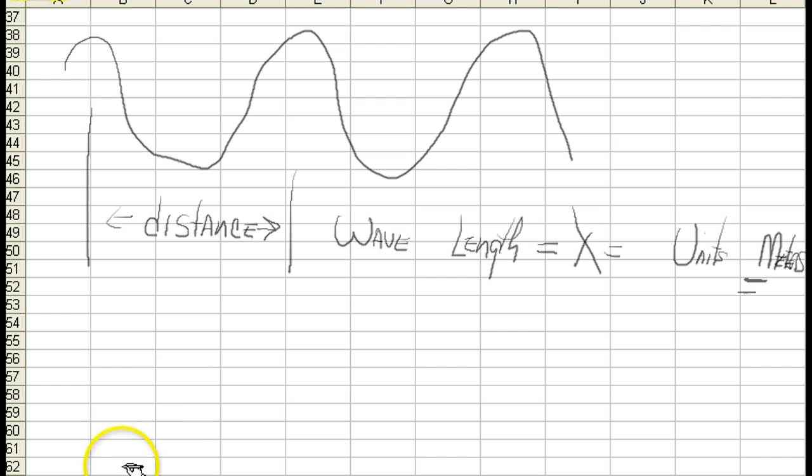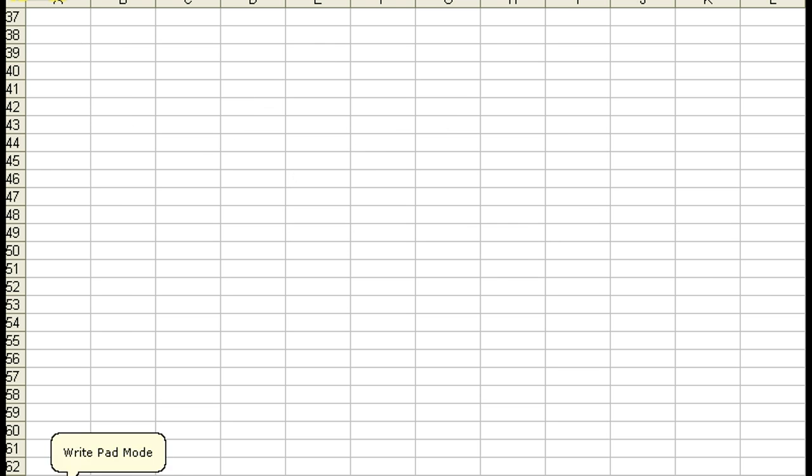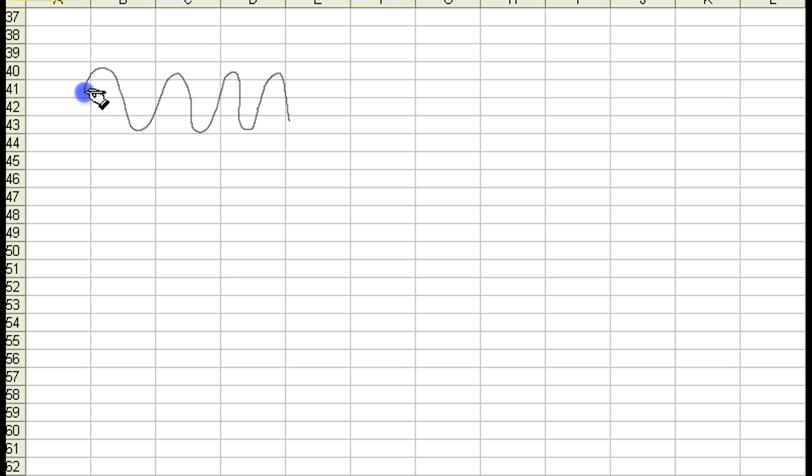All right. Now I want to talk about one more characteristic. So let me get us a new board here. And we got our typical radio wave again. Now a radio wave travels at some speed. And radio waves in free space or air travel at the same speed as light.